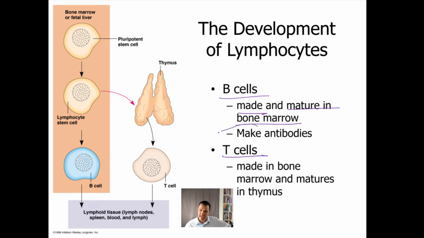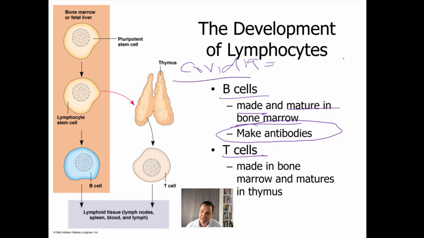Those make antibodies. If you know about COVID-19 right now, what we're really testing for a lot of times is the antibodies. The antibodies are not the COVID-19, but they're your body's response showing that it's seen the COVID-19.